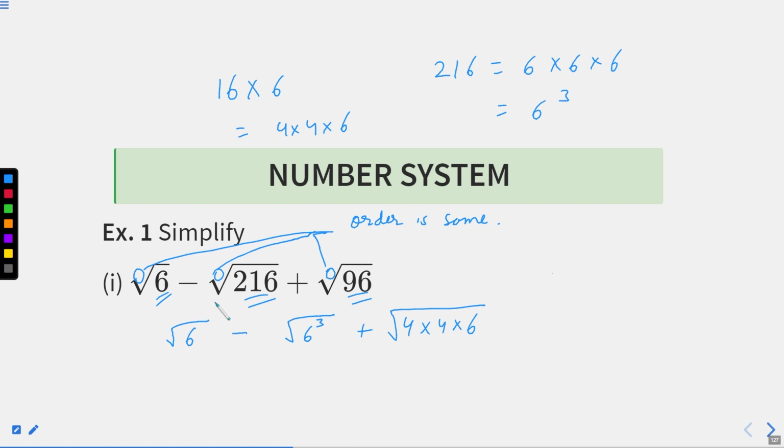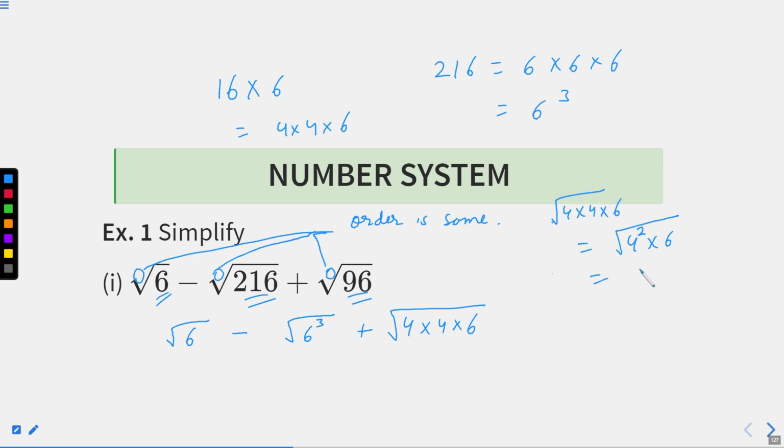Okay, now what? Now I know from the law that I can rewrite it as 4 squared times 6 under the root.